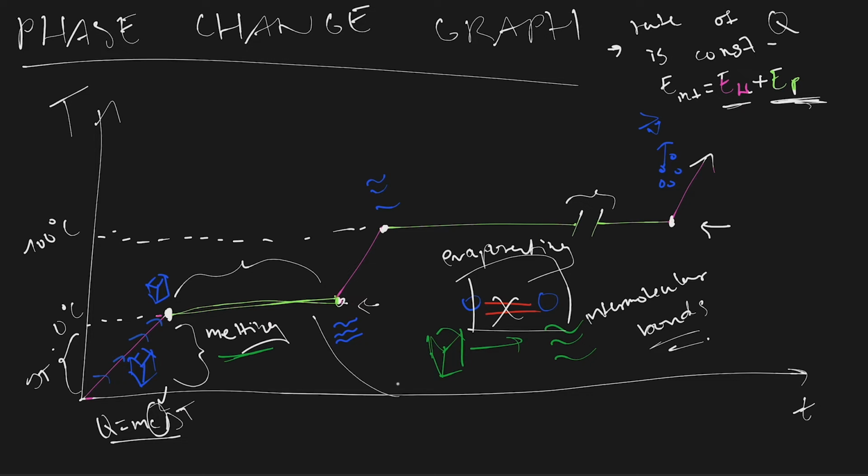And this is where the concept of latent heat comes into play. Latent literally means hidden. And the reason it's hidden is because there's still some change in the internal energy going on, despite the temperature not changing.